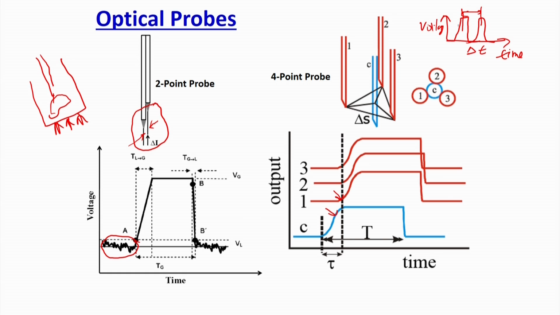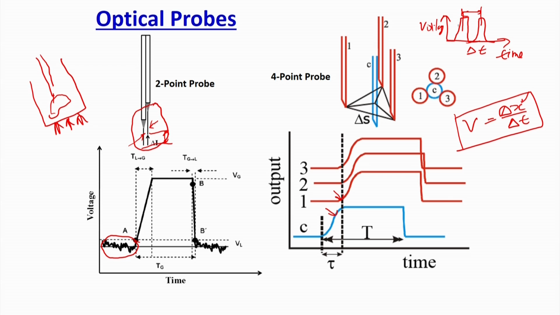We already know the delta L, which is nothing but the difference between the two probe lengths. So, the distance between these two probes, delta x by delta t, will actually give me the velocity. So, we can measure the velocity of the bubble or velocity of the gas or velocity of the phase of interest with this formula.